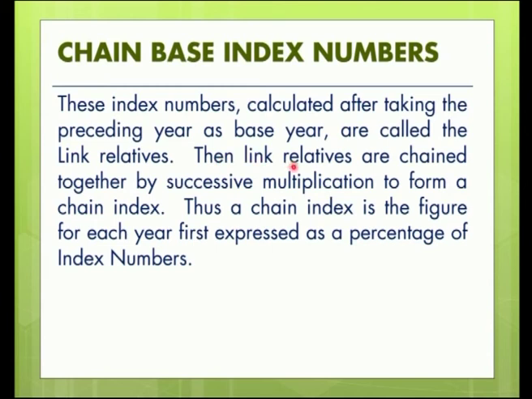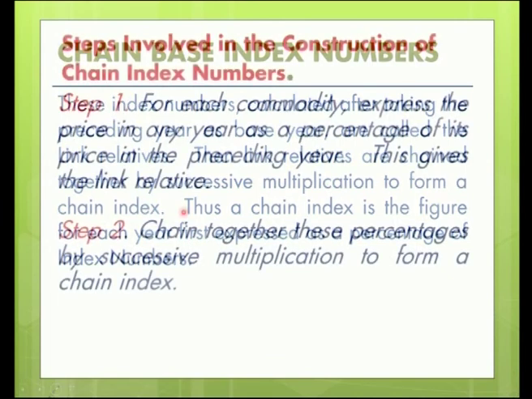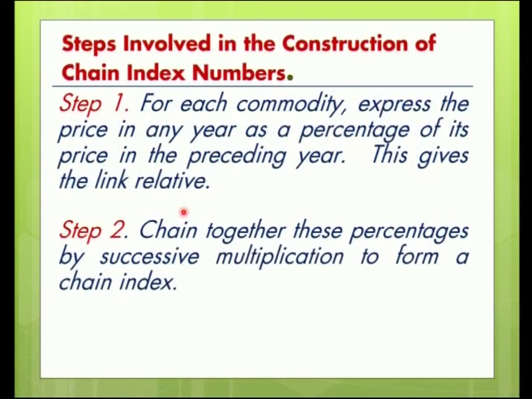Then, link relatives are chained together by successive multiplication to form a chain index. Thus, a chain index is the figure for each year first expressed as a percentage of index numbers. Now, the step involved in the construction of chain index numbers is, for each commodity, express the price in any year as a percentage of its price in the preceding year. This gives the link relative.